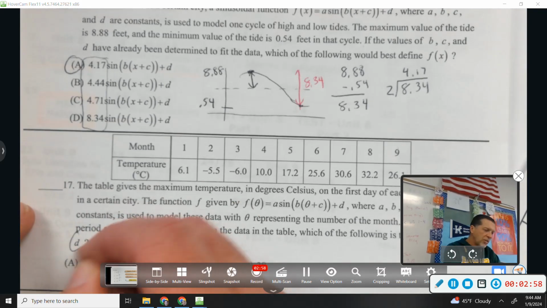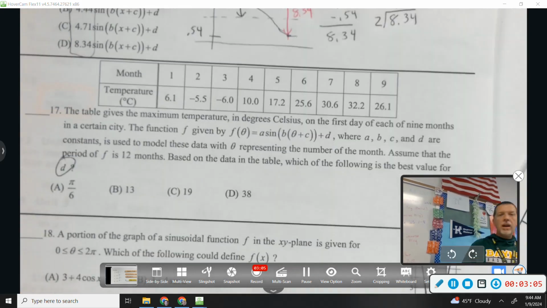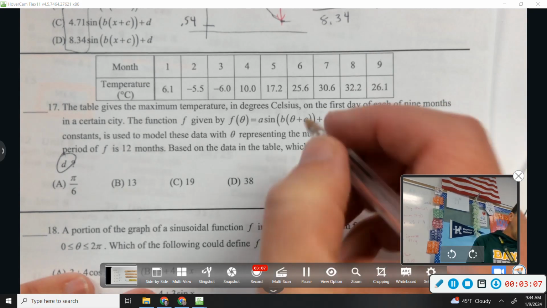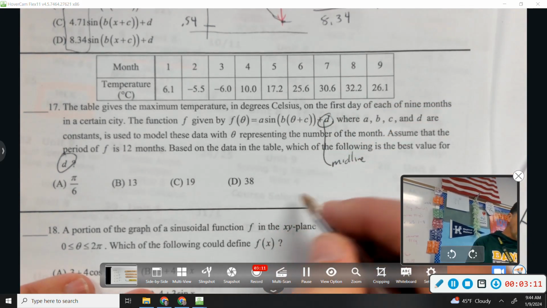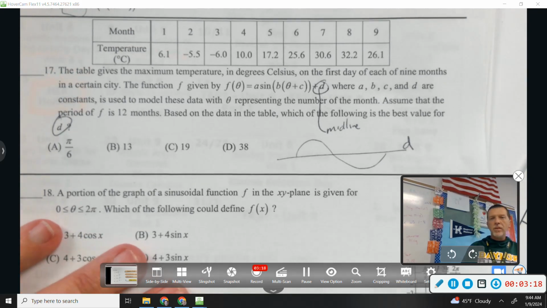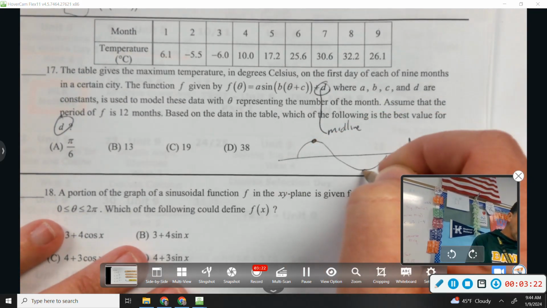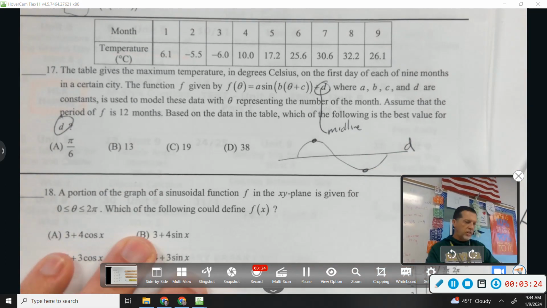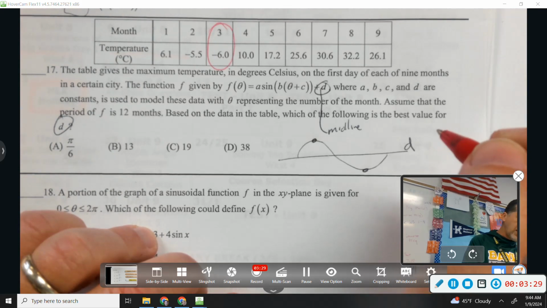Speaking of D, number 17, given this table, we want to find D. Well, the big thing is to know that D represents the midline. So if we've got this graph going up and down, D is wherever the midline is. It's the middle value. So if I could figure out the top value and the bottom value, I could take their average. So looking in my table, the bottom value is -6.